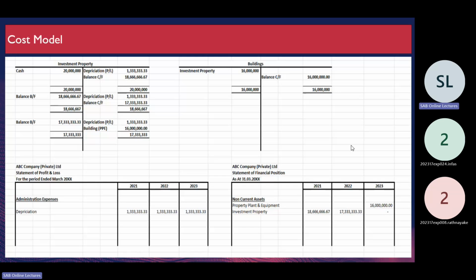At the beginning of the account, cash is credited and investment property is debited 20 million, and each year we should recognize depreciation of 1,333,333.